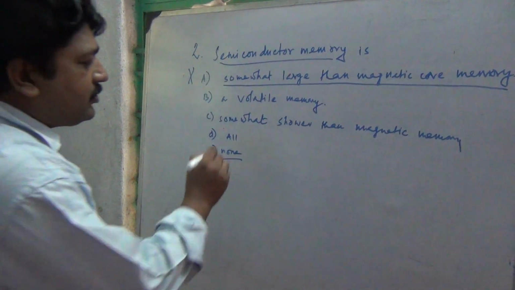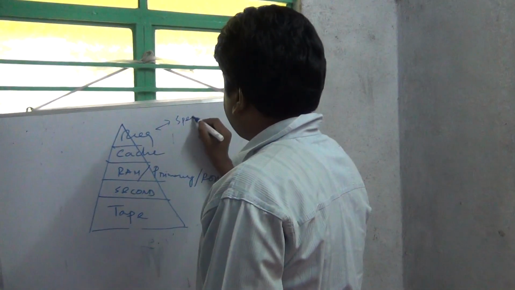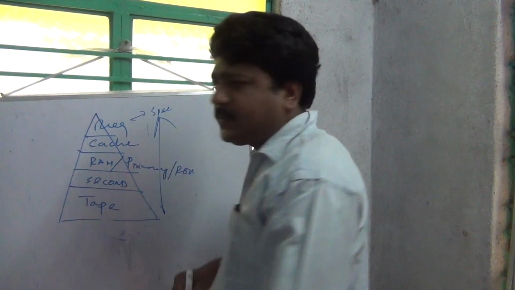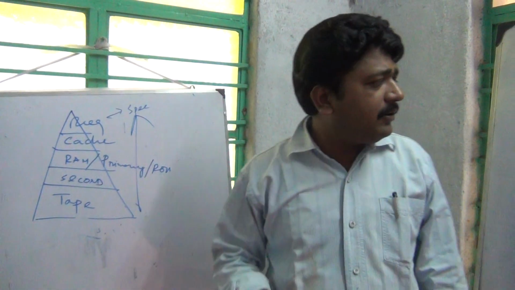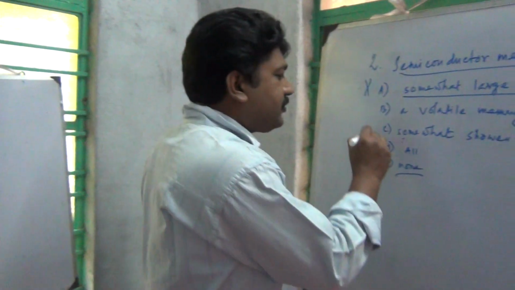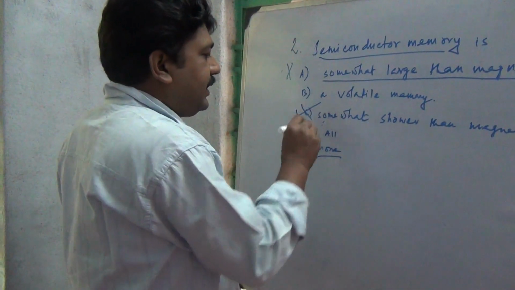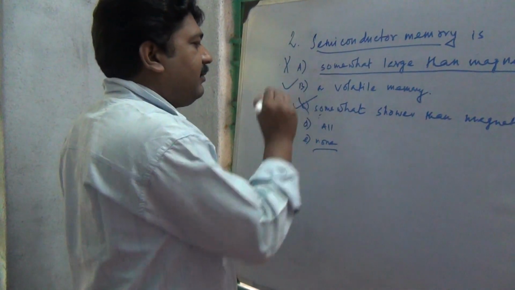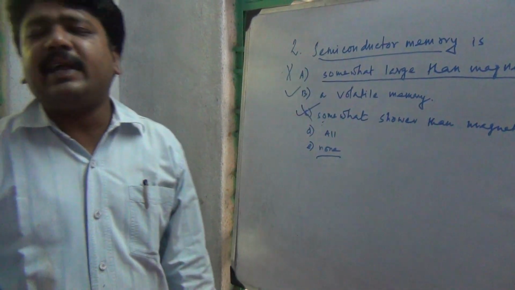Somewhat slower than, no, semiconductor memory speed is fast. According to the speed factor here, it is also false. So which one is correct? Volatile memory, yes. Semiconductor memory has to be refreshed.